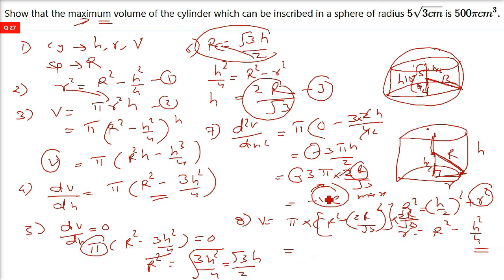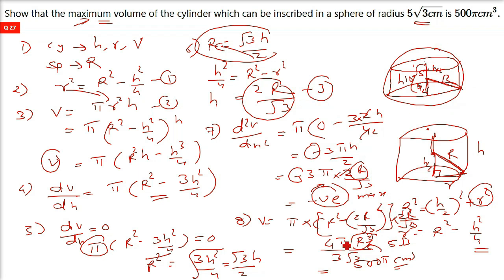Now all this computation, by placing radius capital R as 5√3, is going to give you the volume as 500 pi. I'm just computing it, but I know that this is quite self-evident, and just use this 5√3 to get the volume, and that is going to be 500 pi centimeter cube. Hence we proved it.